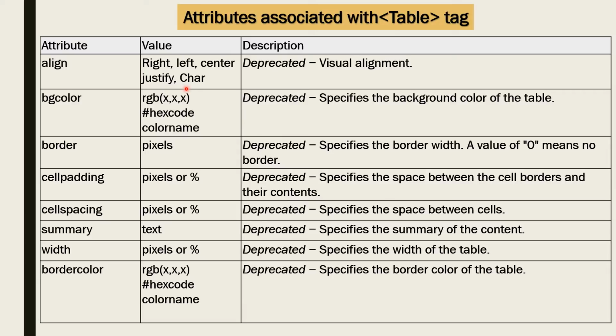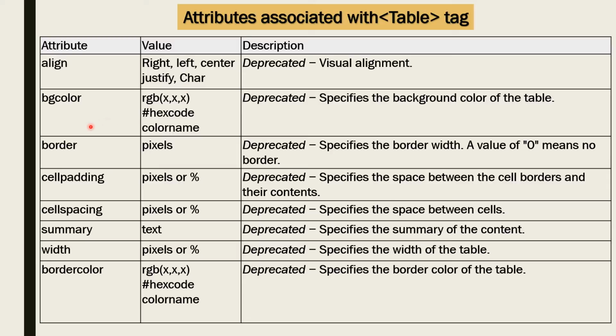Basically two types of alignment are there: horizontal alignment and vertical alignment. Horizontal includes left, right or center, and vertical alignment includes top, middle or bottom. Vertical alignment for an entire table cannot be specified. Clear? So this is the alignment.